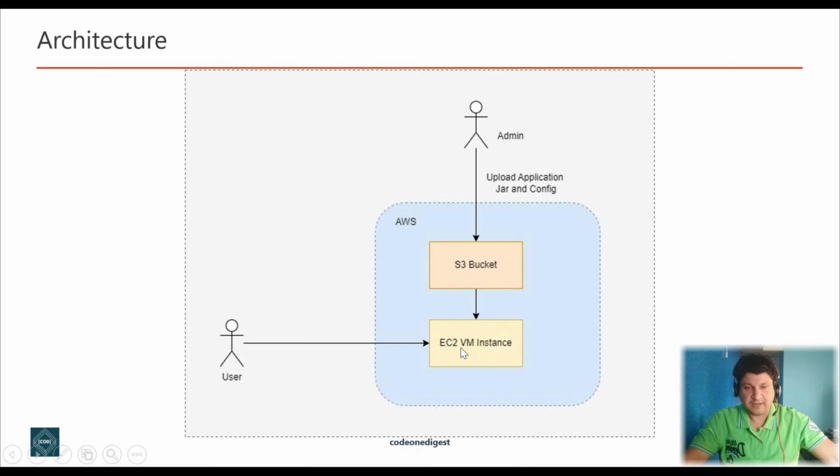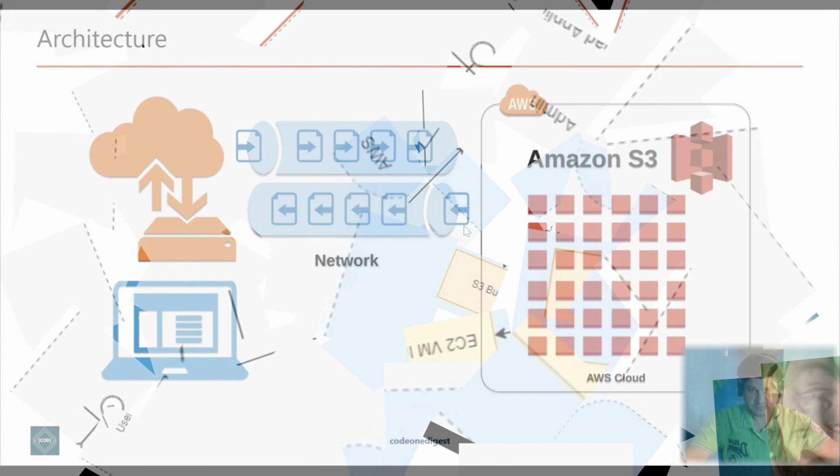Once the jar is transferred to the EC2 instance, we'll run it, we'll start that application with the configuration file, and then finally once the microservice is up and running, we'll test it from outside. From our local machine, we'll hit that API and see if we are getting the desired response. So this is a very simple architecture diagram so that you understand the flow, how and what we are doing in this video, right?